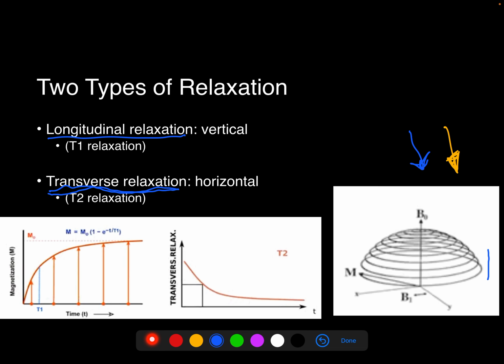So vertically, if we're assuming that after it was excited, it started here, over time, it's actually going upwards. So vertically, or longitudinally, it is increasing.